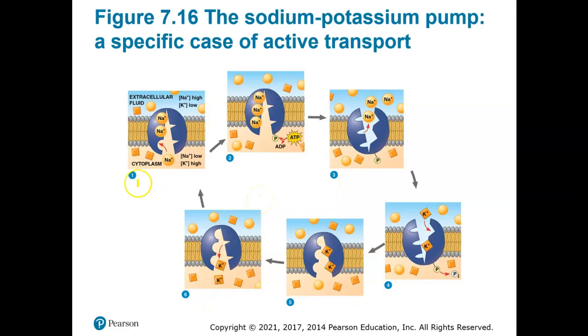The concentration of sodium is high outside the cell, so it's active transport because the sodium-potassium pump is still pumping sodium out even though its concentration is high. And same thing with potassium. The potassium concentration is high inside the cell, but the sodium-potassium pump still pumps potassium into the cell, even though its concentration is high.